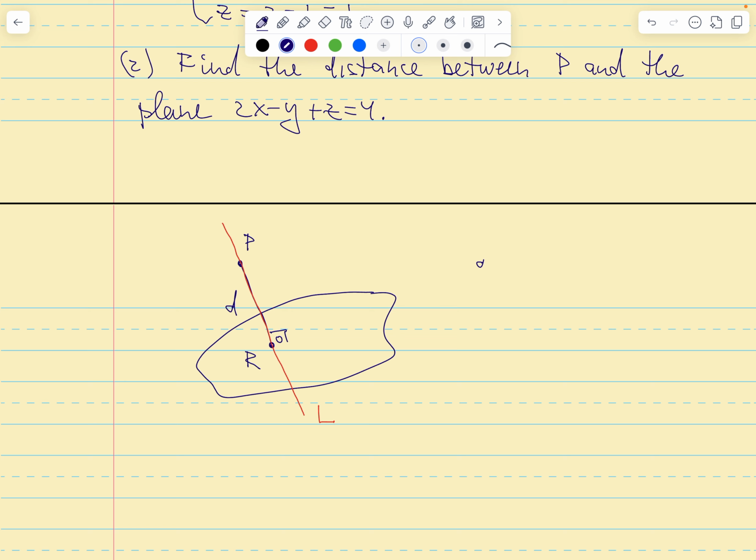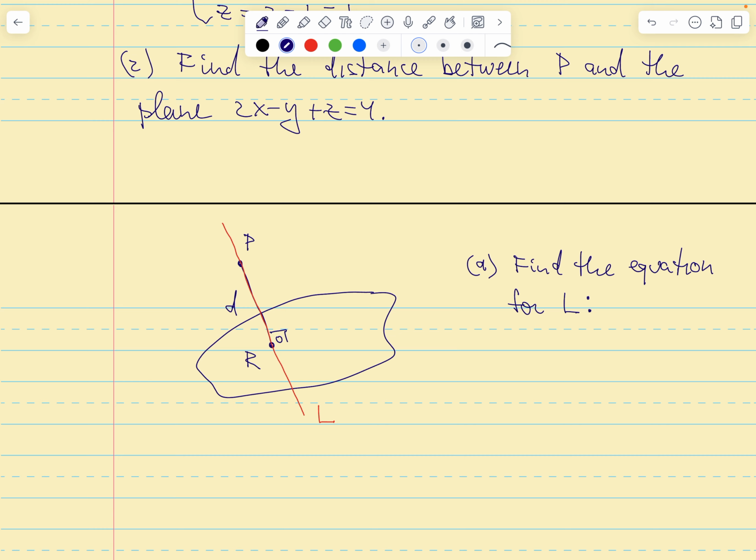So part A, find the equation for L. And that is very easy to do because to find the equation for L, I need to know a point that is contained in L, and that's a point P, which is given to me.